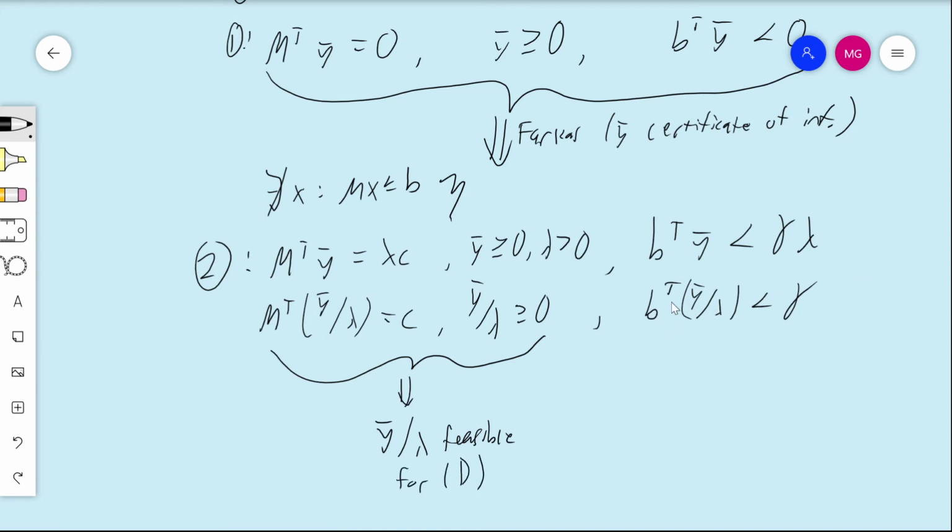But then here we also have that when you plug it into the objective function, you get b transpose times y bar over lambda is some number which is strictly less than gamma. But gamma was supposed to be the optimal value of the dual. And in the dual we're minimizing, so we shouldn't be able to find anything smaller than gamma. And yet we've plugged in y bar over lambda and it's feasible and it's smaller than gamma. So that's a contradiction.